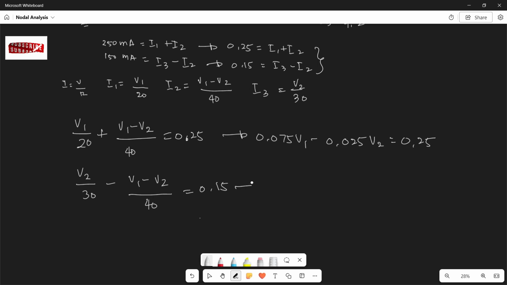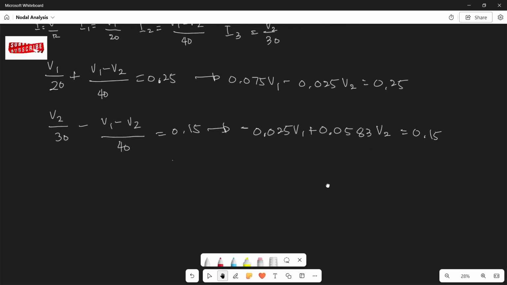And simplifying this one, it will become negative 0.025 V1 plus 0.0583 V2 equals 0.15. Okay, so now we're going to solve for these two simultaneous equations.